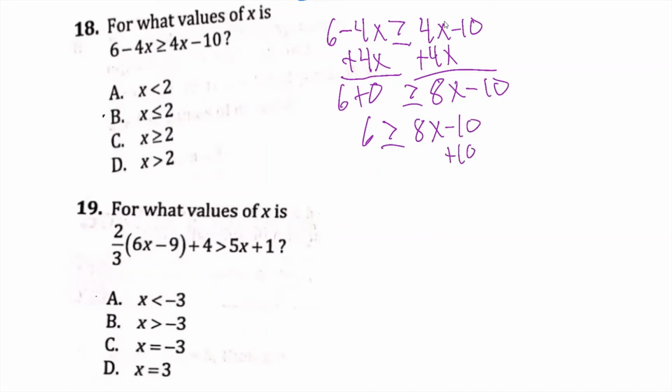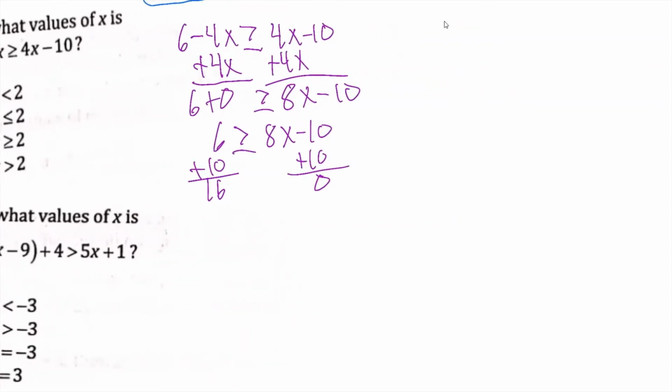We want to isolate the variable, plus 10 to both sides. We get 0. 10 plus 6 is 16. All right. So now we're going to scooch this over. We are going to rewrite it now.